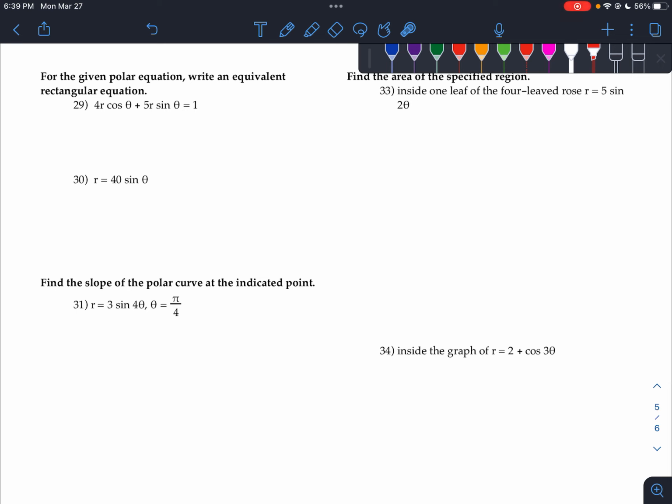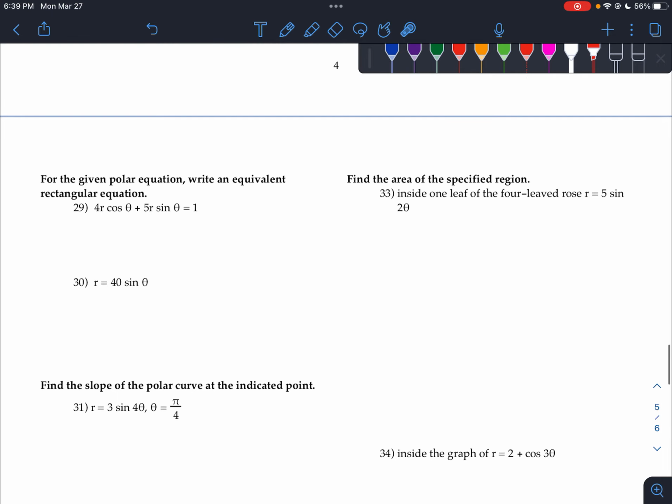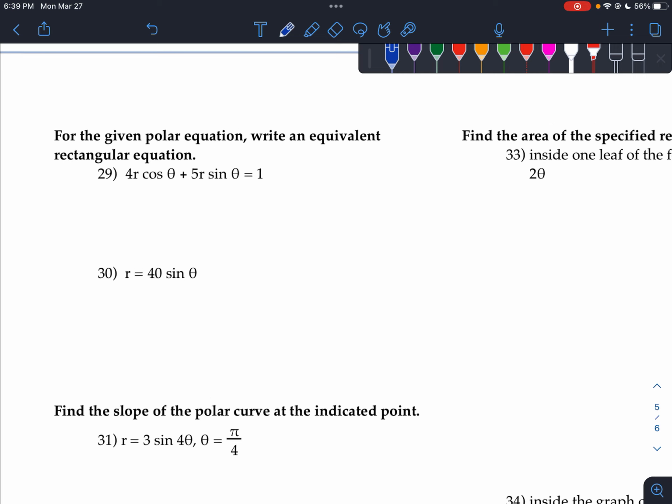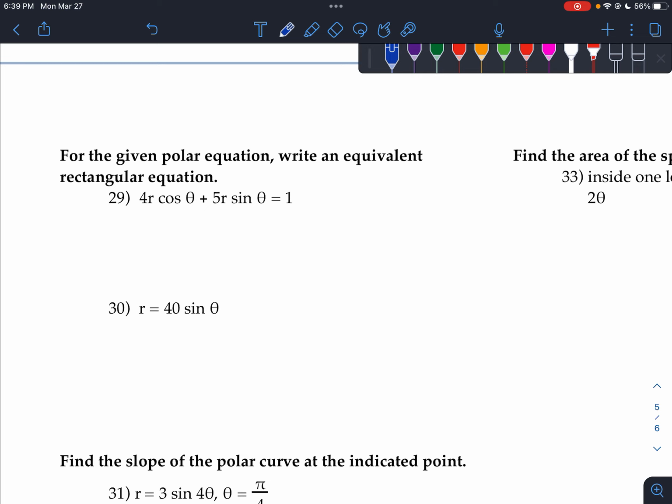Okay, so for the given polar equations, write the equivalent rectangular equation. So if you guys remember, we did have equations that helped us. So r cosine of theta is equal to x, r sine of theta is equal to y.